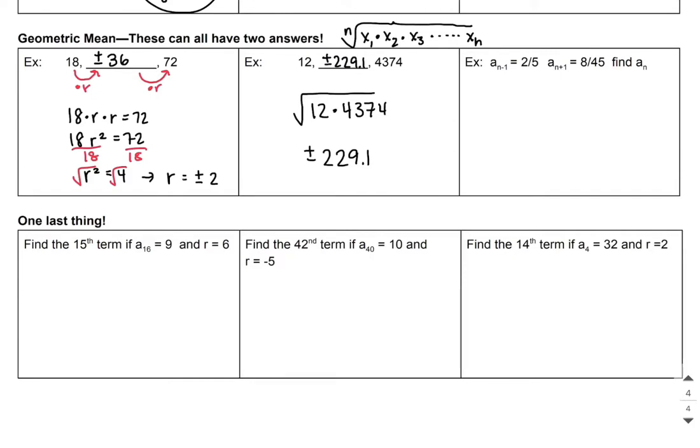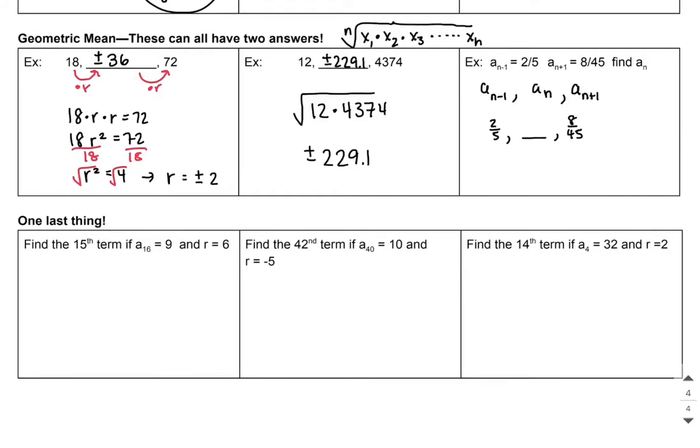And then for the last example here, I have a sub n minus 1, I have a sub n plus 1, and I want to find a sub n. That's the number in between. So this one is 2 over 5, this one on the right is 8 over 45, and I want to find this one here.